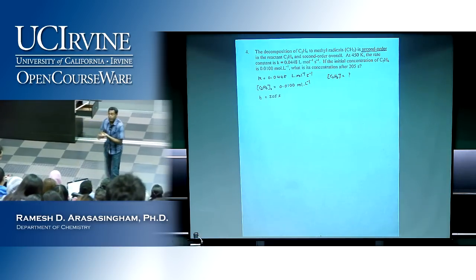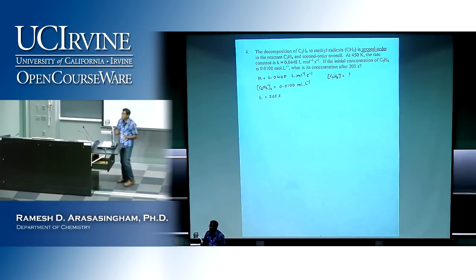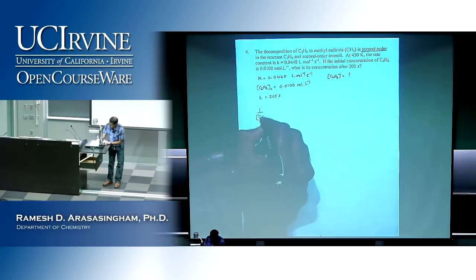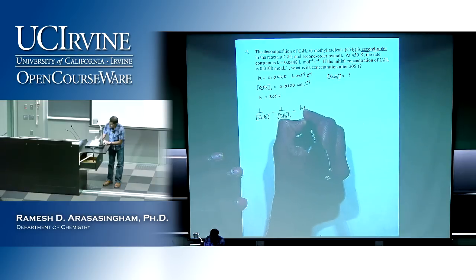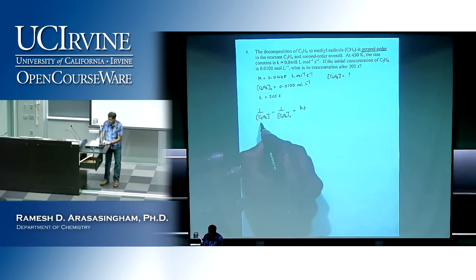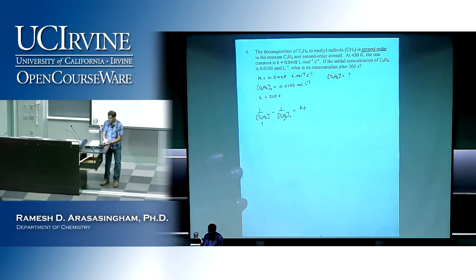So we know that if I want to figure this out, the equation that I'm going to use is 1 over C2H6 minus 1 over the initial concentration equals kt. All right? Can everybody see this is what I need to find? I know this. They're giving us the original concentration.